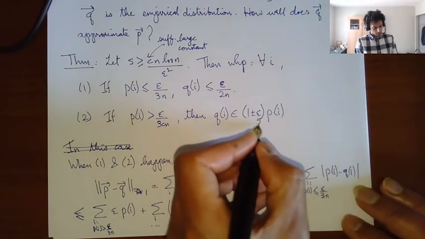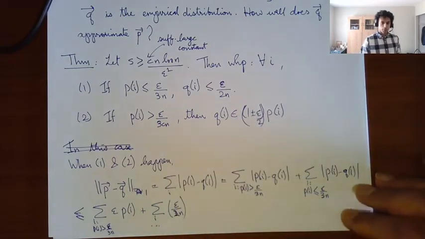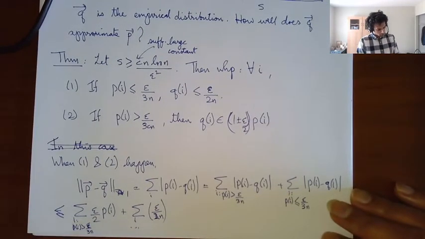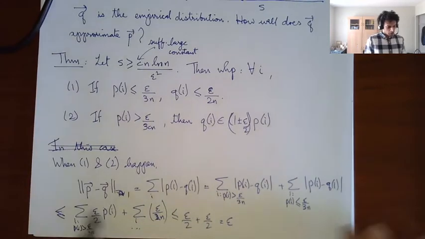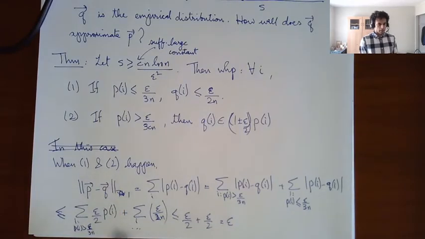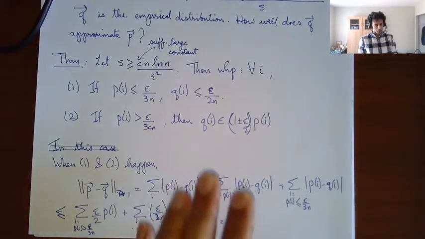Sorry, let me make this guarantee 1 plus or minus epsilon over 2. And what I get is that this quantity is at most epsilon over 2. The second quantity is also at most epsilon over 2, which gives me epsilon, because there are at most n terms here. And so when 1 and 2 happen, I'm guaranteed to have an L1 distance of at most epsilon. And the total variation distance is half of that. Okay, so this suffices to learn.